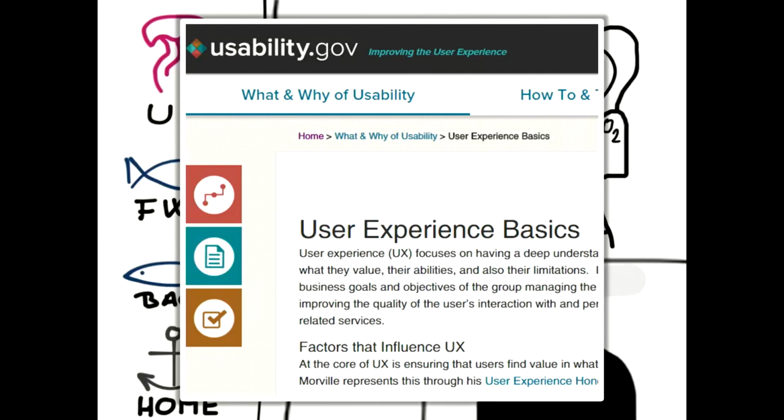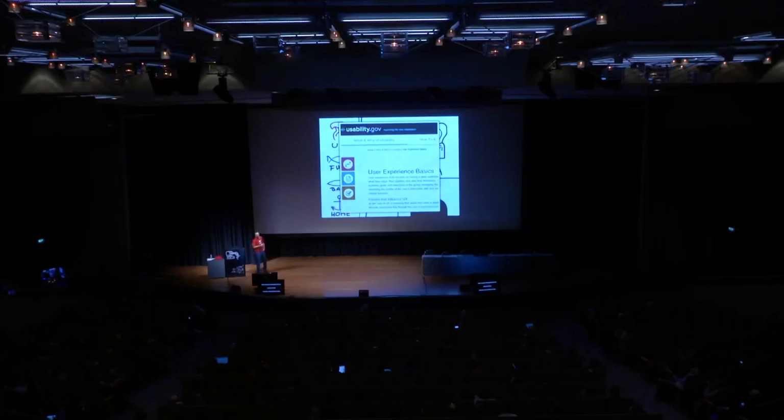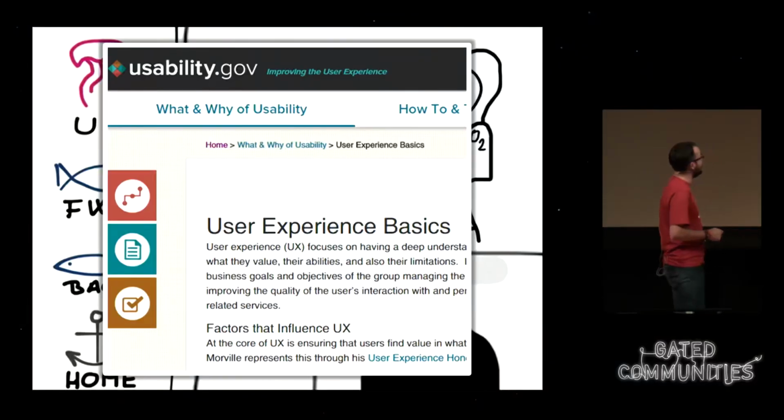Please recognize, Usability.gov. Actually, on the left side, there are 3 icons. I can guess that these are some documents, but I'm not sure.